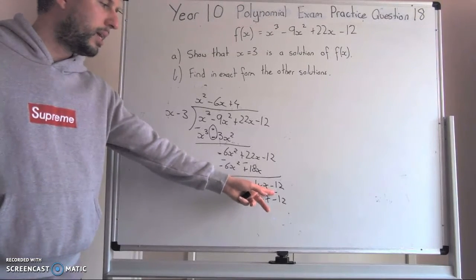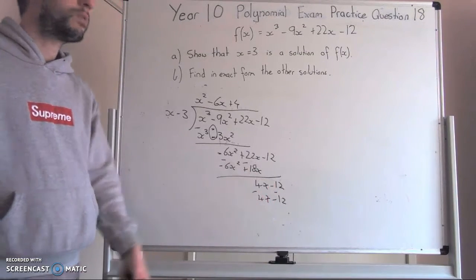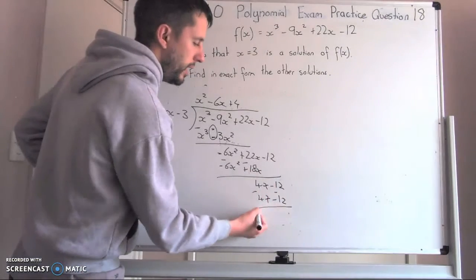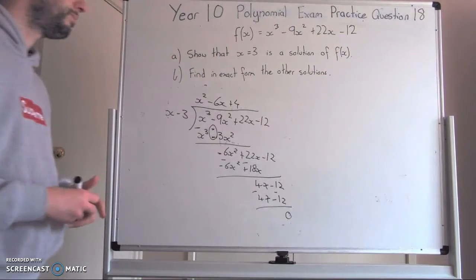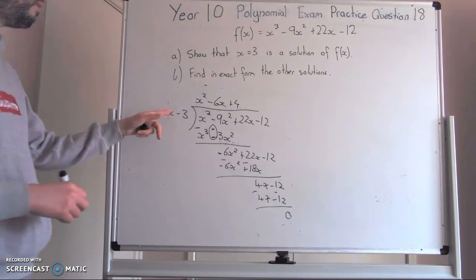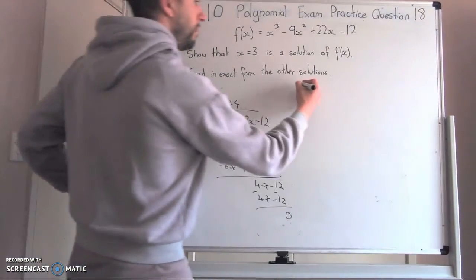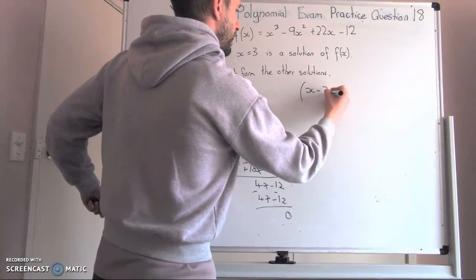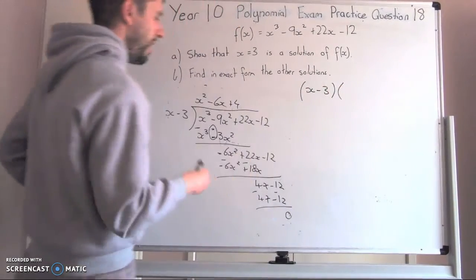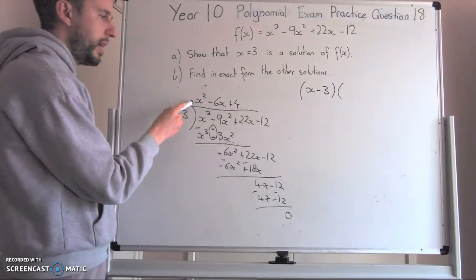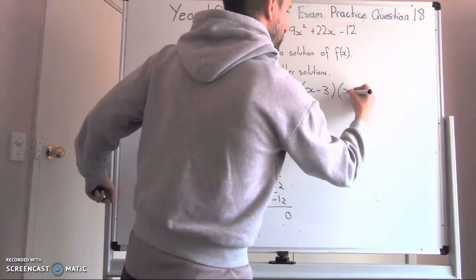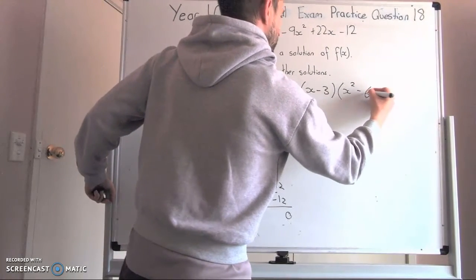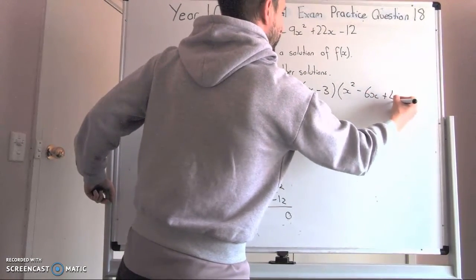If I take this away, it becomes positive, negative 12 plus 12 equals 0. So now I have a linear factor, x minus 3, and I have a quadratic factor here of x squared minus 6x plus 4.